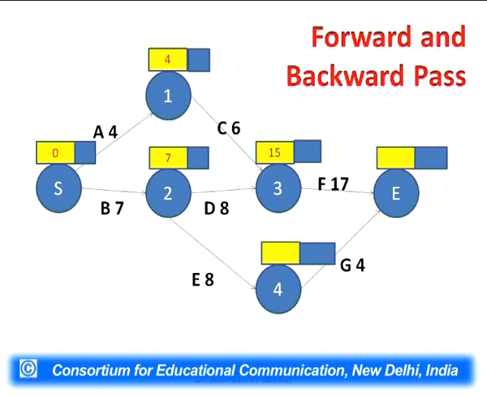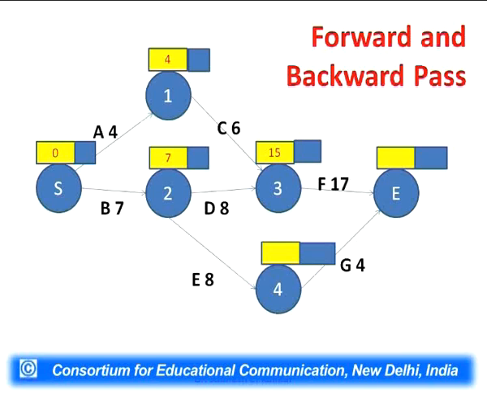Whether 10 days or 15 days, because these are early start times, so we'll have to write the maximum timings in this particular cell. 6 plus 4 is 10, 8 plus 7 is 15. Out of 10 and 15, 15 is more than 10, we'll write 15 here. Similarly, in each milestone, we'll write the highest values at the early start times. Early start times are being written in the yellow cells.